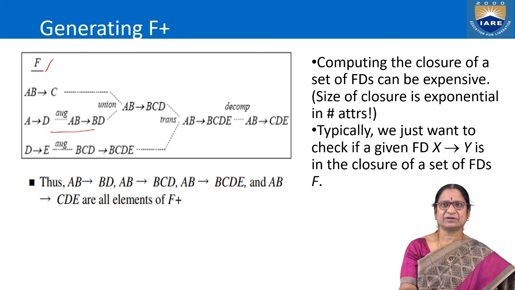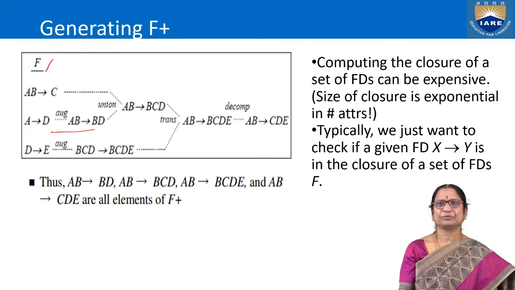By using this, transitivity is applied, so you will get AB determines BCDE, and you can decompose it further. We can decompose it as AB determines BCD, and AB determines E. You can decompose further: AB determines CDE also.